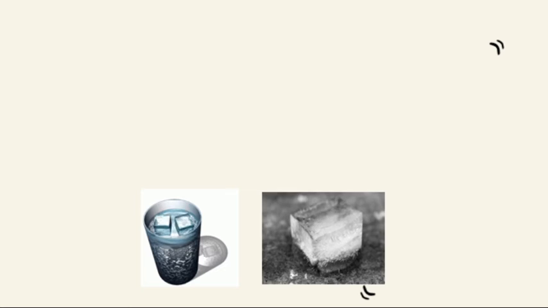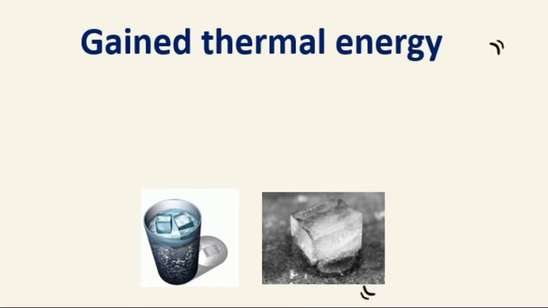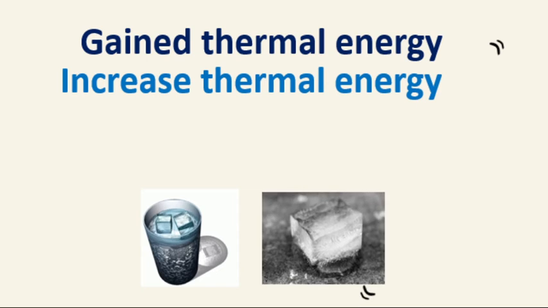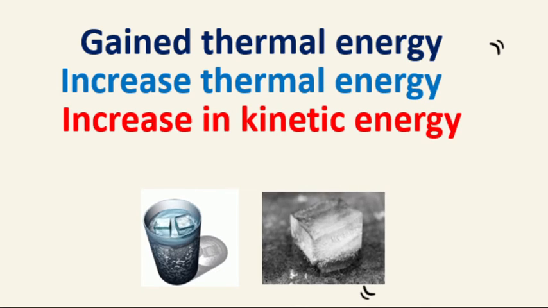Adding thermal energy leads to an increase in the kinetic energy of the ice molecules, and thus an increase in temperature. This is also because temperature is in fact the measure of average kinetic energy of the molecules. Furthermore, the ice will continue to gain thermal energy, causing its molecules to move faster and eventually break their intermolecular bonds, or melt.